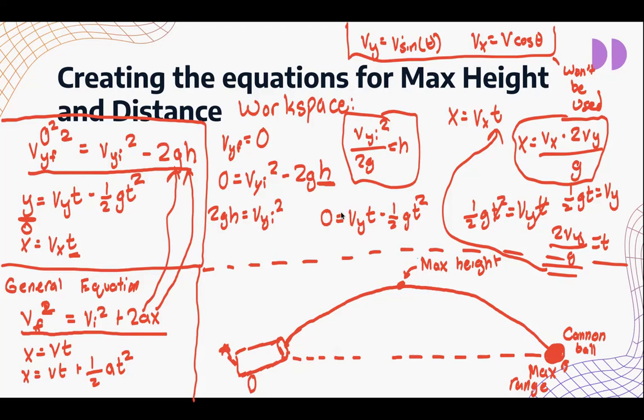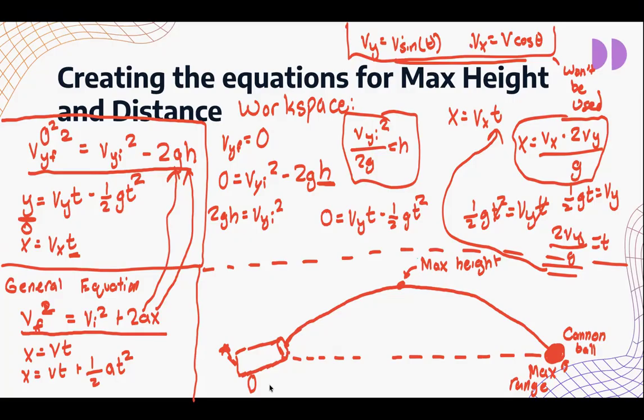Miranda did it a bit differently, but you can substitute v sine theta and v cosine theta. You see how I wrote the vertical velocity.